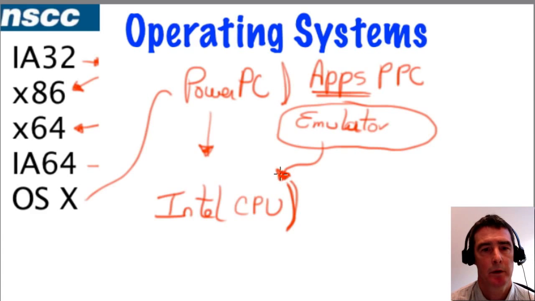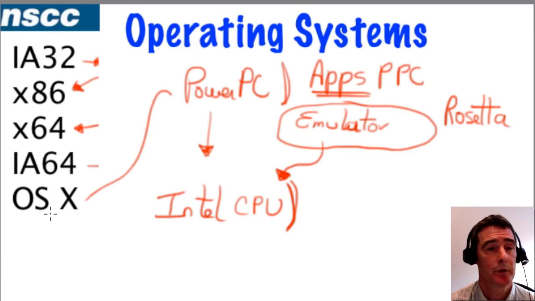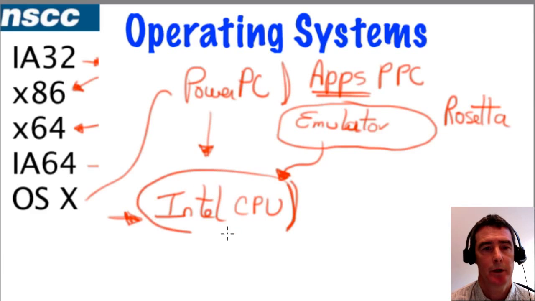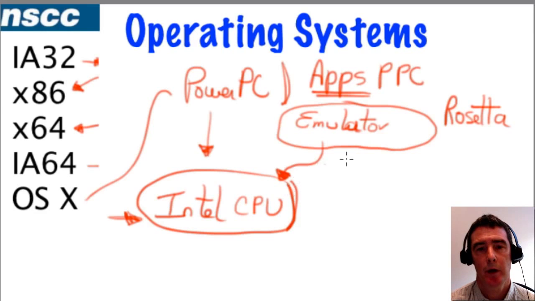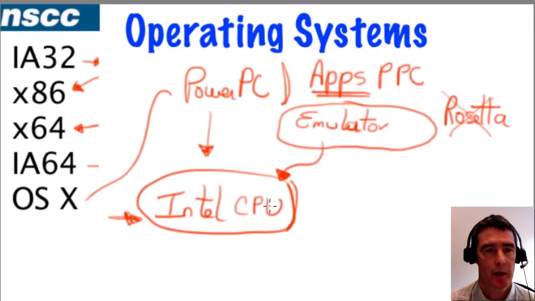Around the time of Leopard, the emulator was called Rosetta, and it allowed Apple to run its new operating system on an Intel CPU, but it provided backward compatibility with older PowerPC applications. In today's operating system, Mountain Lion, Rosetta is no longer used, and all apps have to be written in the native Intel instruction set.